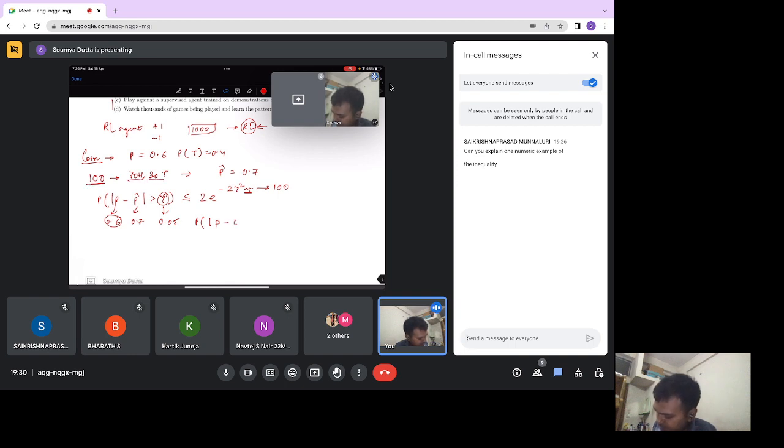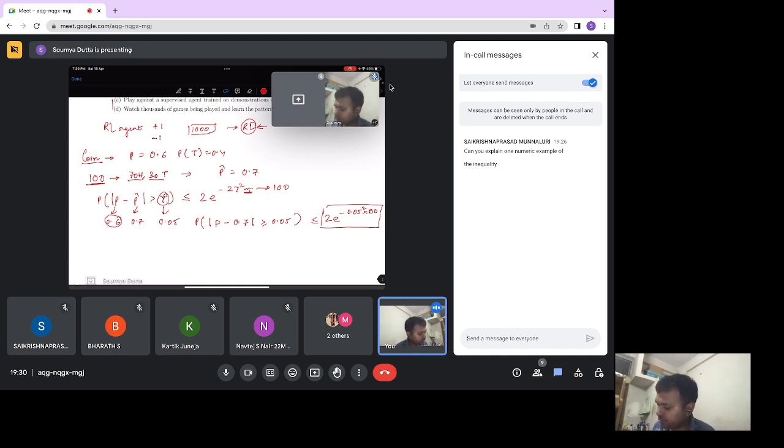So this is the probability of p minus 0.7 greater than 0.05 is less than or equal to 2 e to the power minus 0.05 whole square into 100.